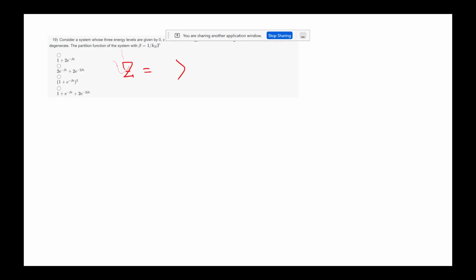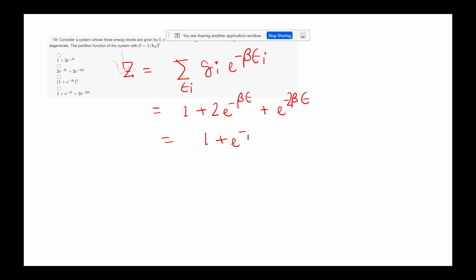Z is the sum of g_i e to the power minus beta epsilon_i. So for the twofold degenerate state, the degeneracy is 2. So 1 plus 2 e to the power minus beta epsilon plus e to the power minus 2 beta epsilon. Now it can be written as 1 plus e to the power minus beta epsilon, whole squared. So you are absolutely correct. This should be the option.